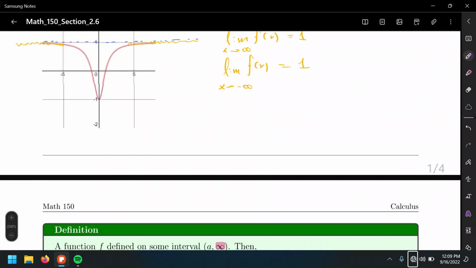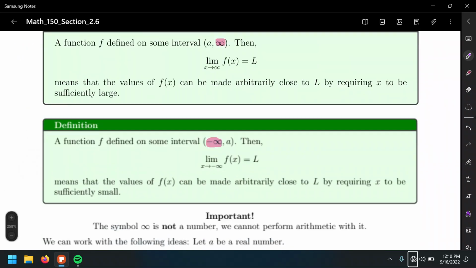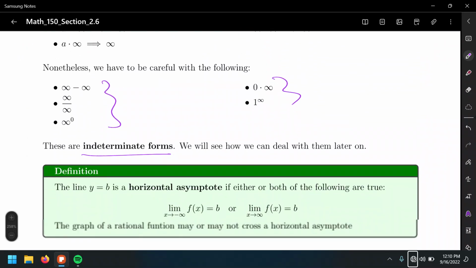For the example that we did before, we got the same limit in both directions, positive infinity and negative infinity. There are cases in which going to different infinities might give us a different y value, or the limit would be a different value. You'll see those cases in a second. All right, what's next?